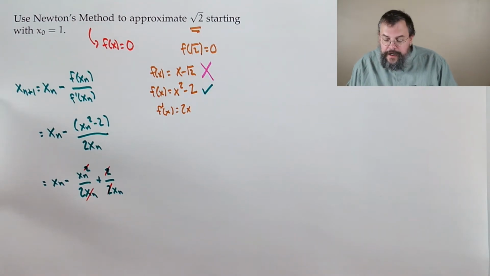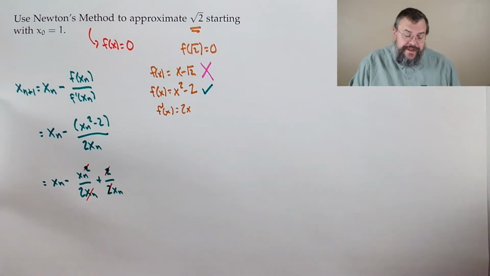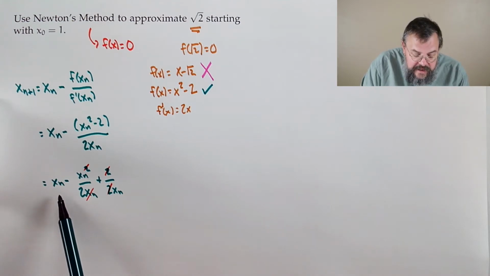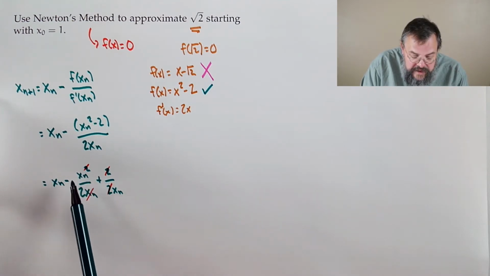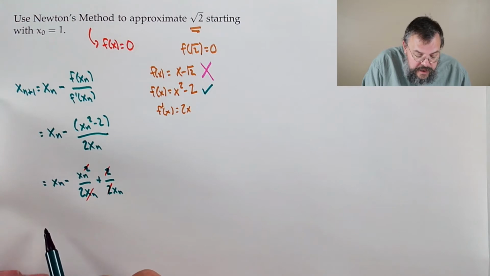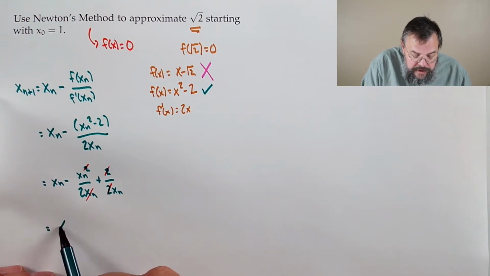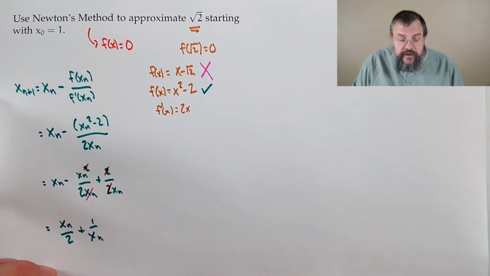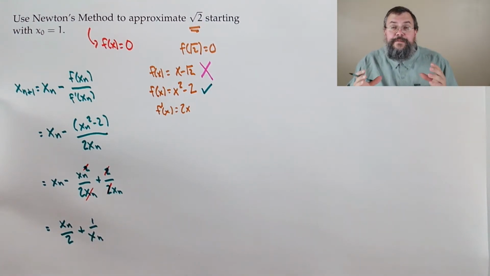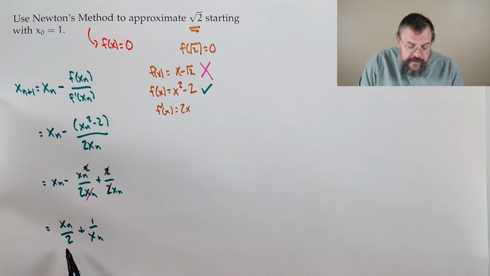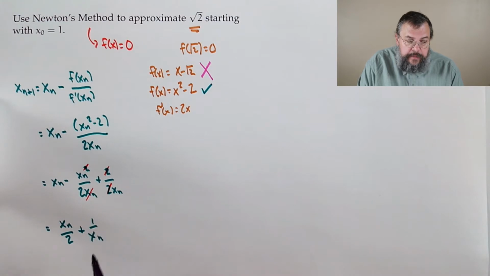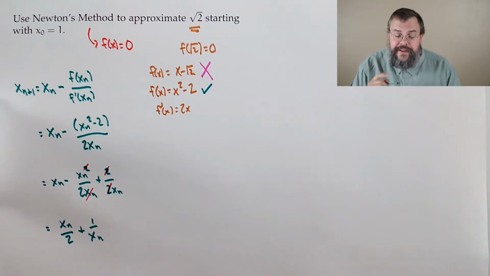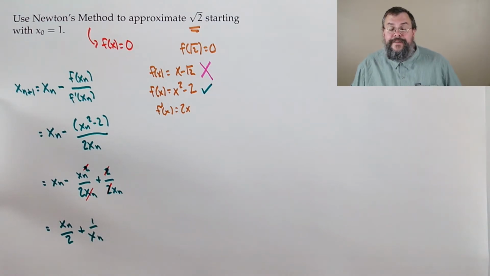So, a little bit more we can do. That's an xn, and that's subtracting xn over 2. So if we put that together, we end up with xn over 2 plus, and the last term is 1 over xn. So the rule is actually very simple. You take your current guess, divide it by 2, add to that the reciprocal of your current guess, and that gives you your next guess.